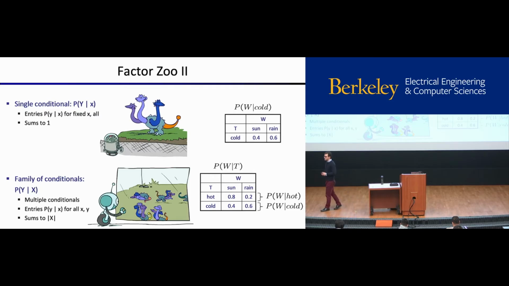Can you explain what is the number of capitals again? Yeah, so we have some letters. Okay, so we have y and we have x, right? Y is capitalized and x is not. So the number of capitals in this expression is 1, just for y. Down here we have y and x. They're both capitalized, so that's 2 capitals. So notice when there's 1 capital, we have a one-dimensional table.